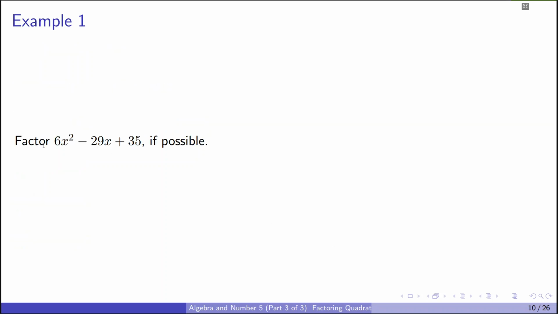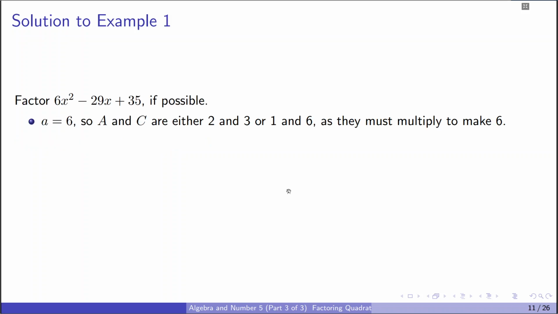We're going to factor 6x squared minus 29x plus 35 if it's possible. All right, so a is 6. So our capital A and capital C are either 2 and 3 or 1 and 6. They have to multiply out to make 6. We're just looking at whole numbers.